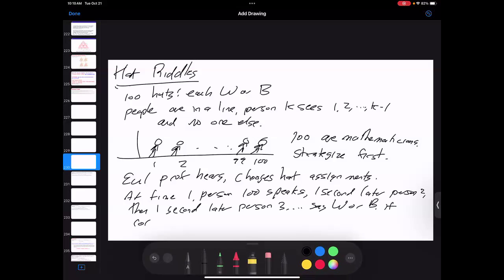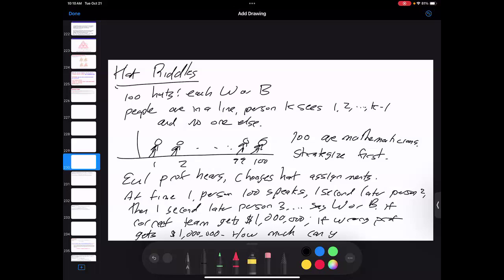If correct, team gets, let's say, $1 million. If wrong, prof gets 1 million. How much can you ensure you get?